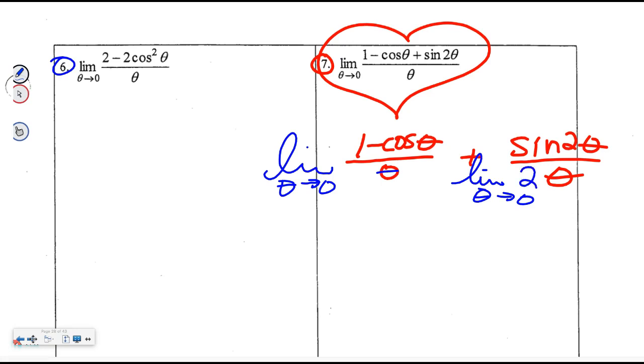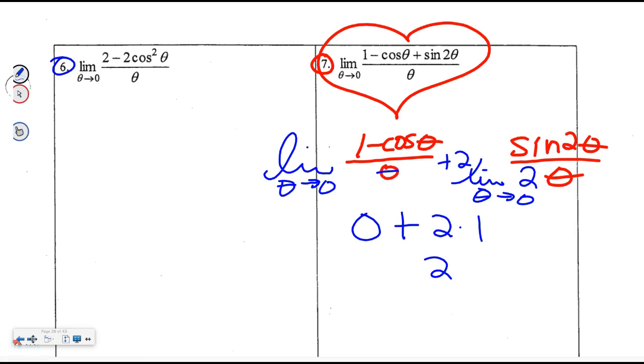So you better put a 2 down here. I don't need a rewrite, but you better put the 2 down there. Where else better you put a 2? Up on top or out front? I'm going to put it out front. Now I can say it's 0 plus 2 times 1 is 2. So be careful. The red is fine if it's multiple choice. If it's not, you need to tack the blue on.